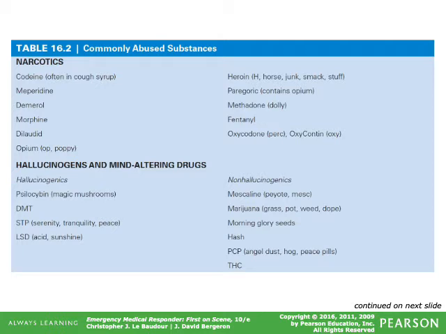Alright, some common hallucinogens and mind-altering drugs. Psilocybin. This is going to be magic mushrooms. DMT. STP, also known as serenity, tranquility, and peace. LSD, acid or sunshine are some common street names.